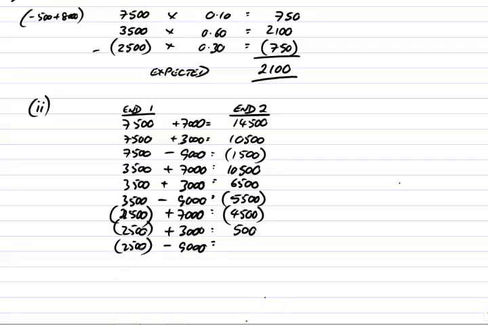I'm sorry, I got the first one wrong. The first one, if we got 7,000 in period 2, we end up with 4,500 positive, 500 positive, or finally 11,500 negative. So those are all the possible closing balances at the end of period 2. A total of 9 possible outcomes.